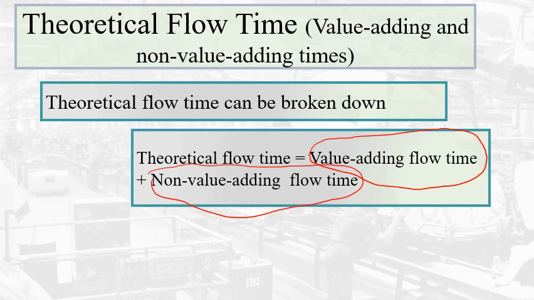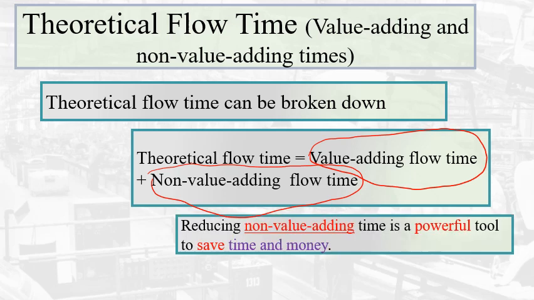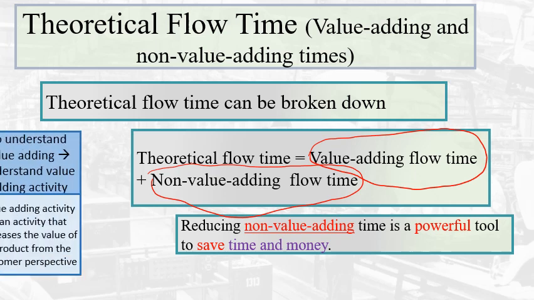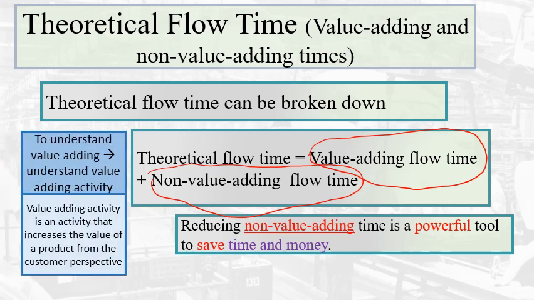So if we have 10 minutes of theoretical flow time, maybe 2 of these 10 minutes are actually non-value-added time, where you're doing something that doesn't add any value from the customer's point of view. Now, it's very important to understand that the definition of value-added activities is from the customer perspective. It's not from the producer perspective. It is from the customer perspective.